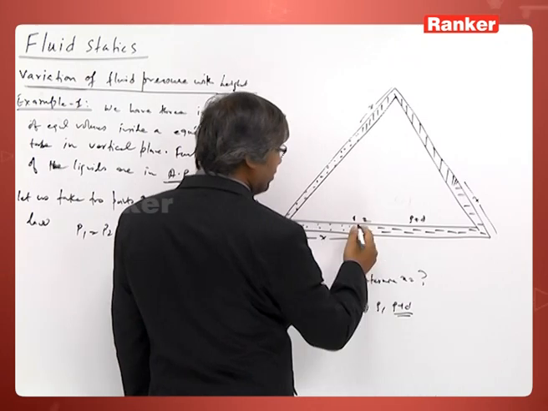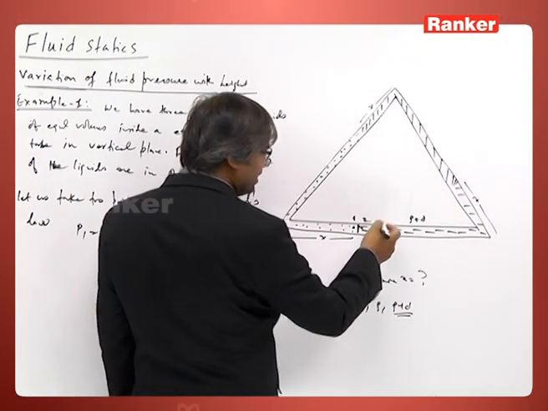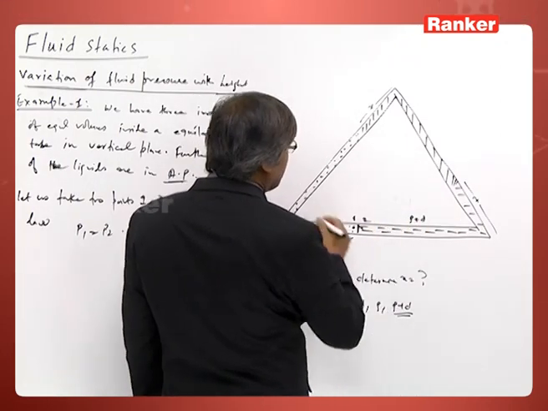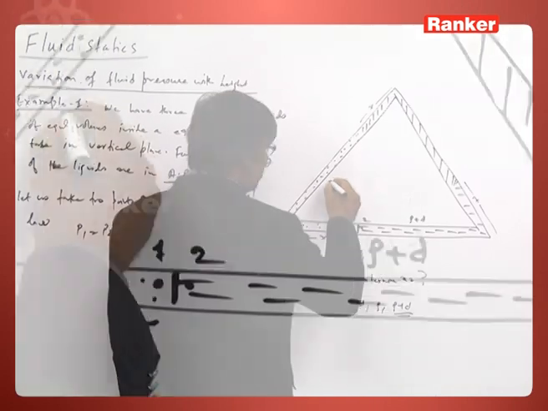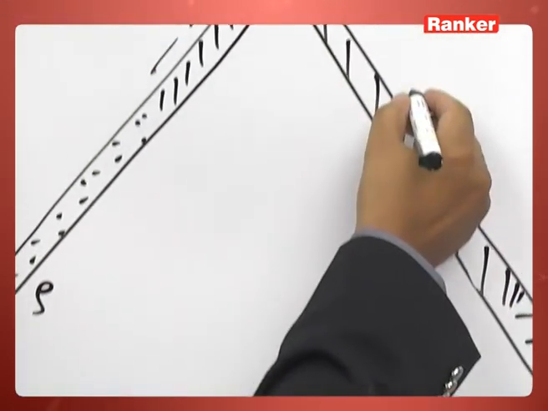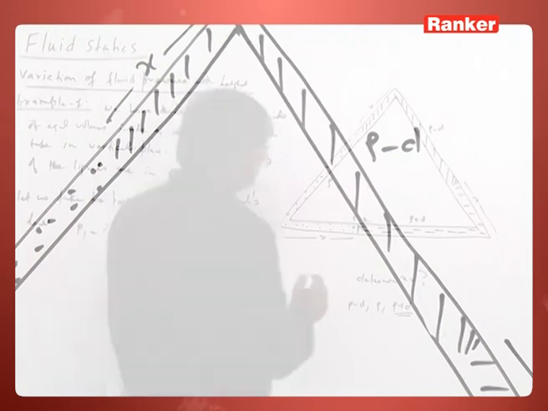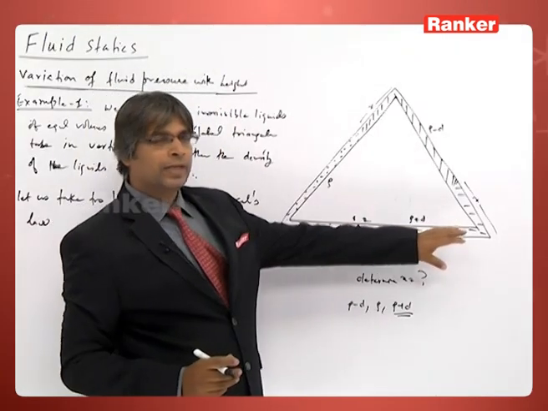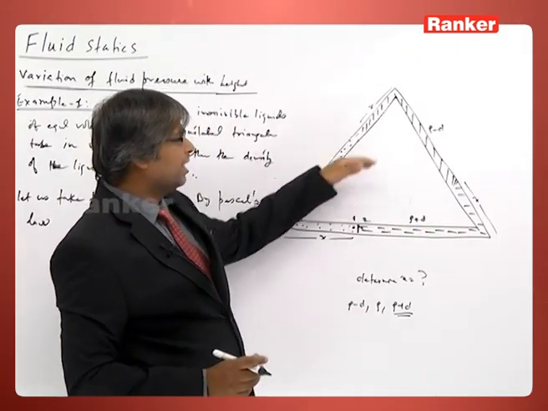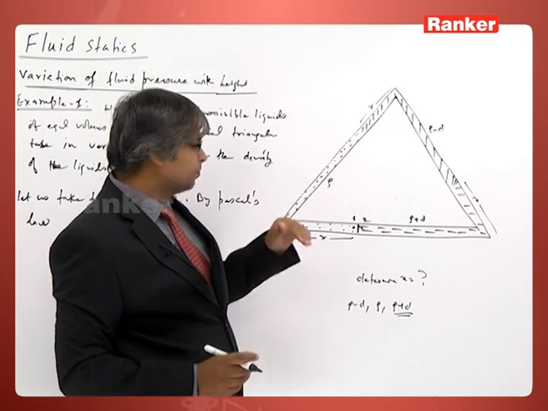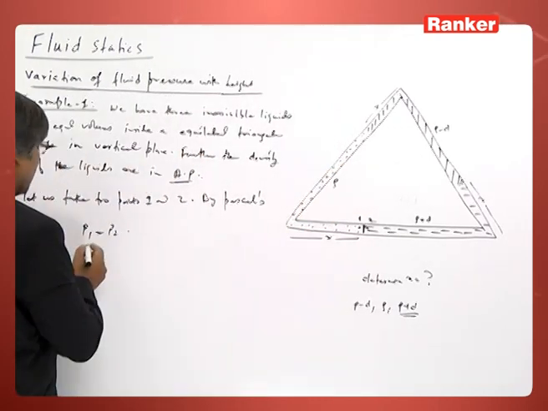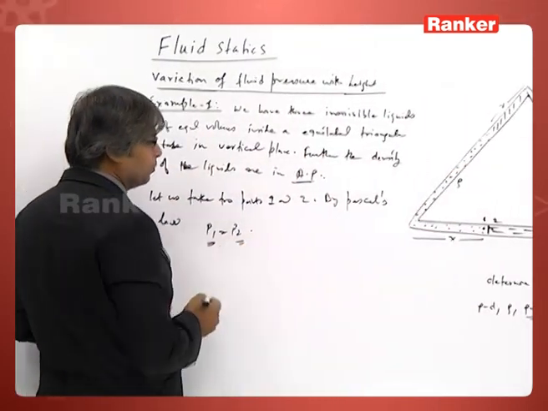So, the heavier liquid will be at the bottom, rho plus d, thereafter this will be rho, and the top liquid will be rho minus d density. So, heavier will be at the bottom. As you go away, you can see the pressure changes. Now we have to equate P1 with P2.